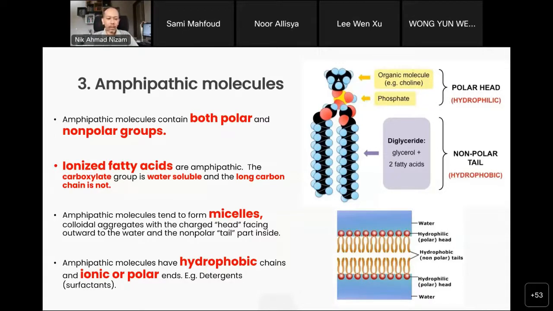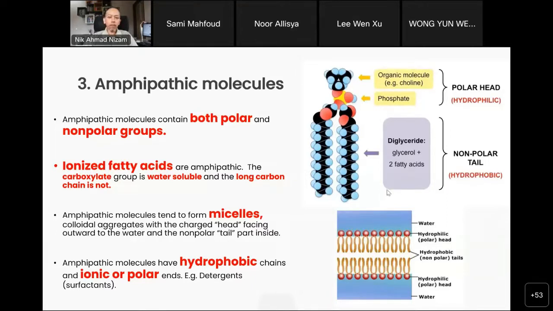And the higher the concentration of the detergent in the water, we'll see there is a lot of foam. So it actually forms a lot of micelles there. So you can see here, this is the micelle, and the hydrophobic parts will attract together with the same molecules, the same non-polar tails, and the hydrophilic head here will attract with the water.